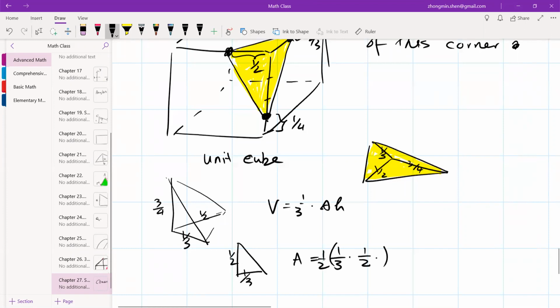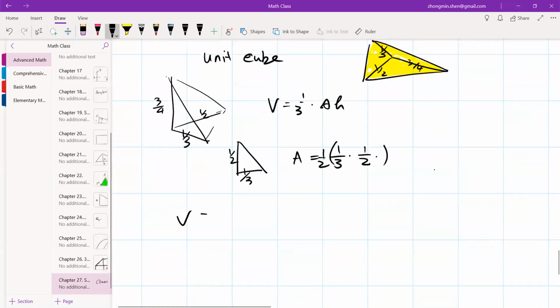You don't need to multiply this out, just this is an area. Okay, the height is 3/4. So the volume is going to be 1/3 times the area, 1/3 times 1/2 divided by 2, and the height is 3/4. Let's simplify it.